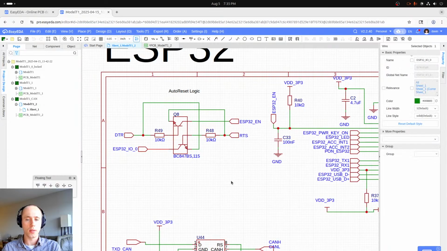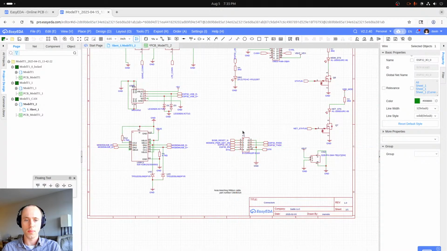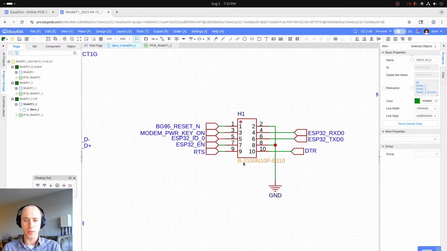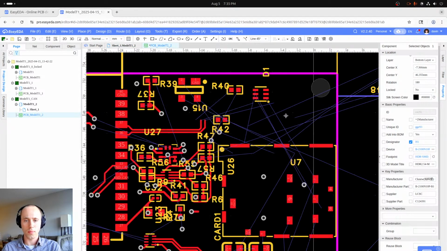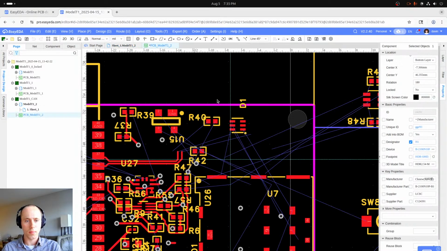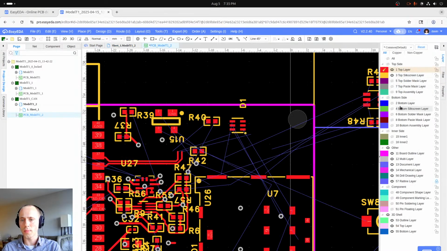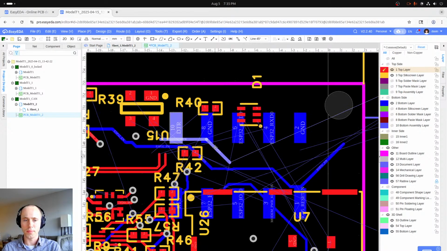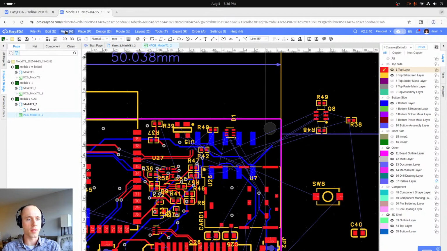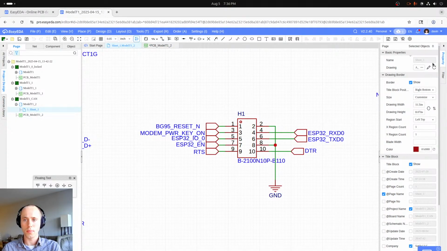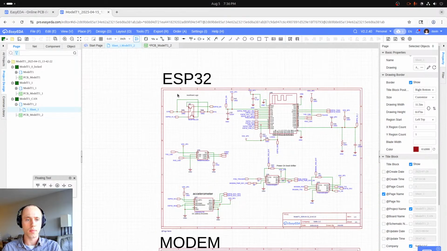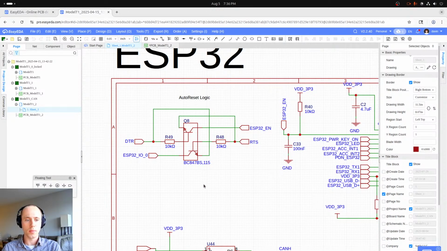This guy. So I'd want to go to this component here. Where is this? Is it on the back side of the board? Yeah, so it's close enough for that. Doesn't matter. Okay.